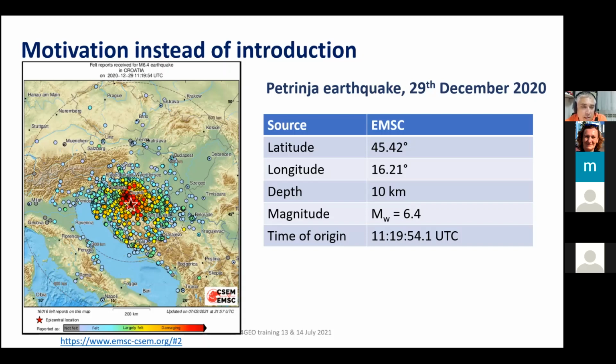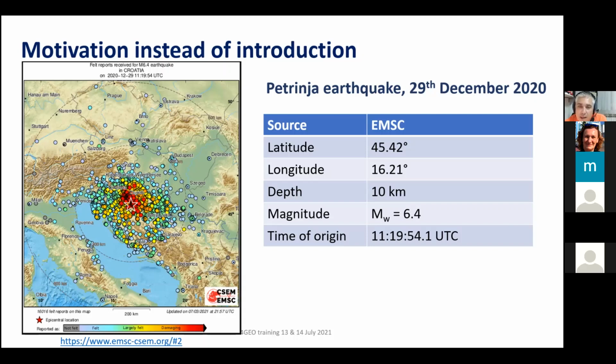And indeed, it can be seen that it was much stronger than the previous one shown. It was felt at a distance of more than 600 kilometers away from the epicenter.